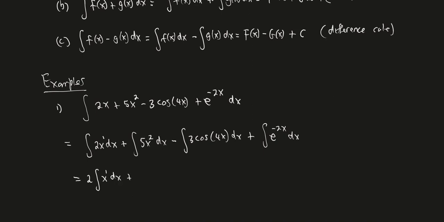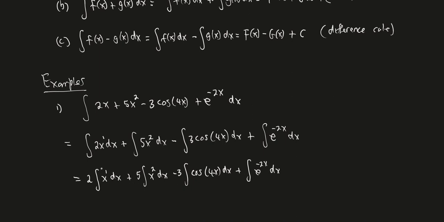Similarly, using the constant multiple rule, I can factor the 5 out, so I'll have 5 times the antiderivative of x squared with respect to x. Keep going. Minus, factor out the 3, and then I'll have the antiderivative of cosine of 4x with respect to x. And here, the coefficient of the e is 1, so I don't need to factor anything out there. I'm just going to bring down that antiderivative of e to the negative 2x dx.